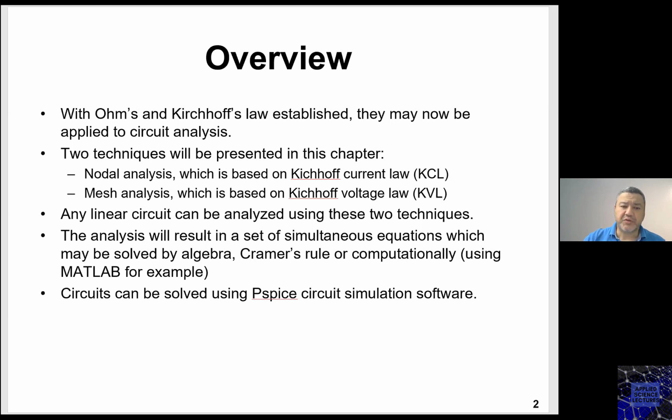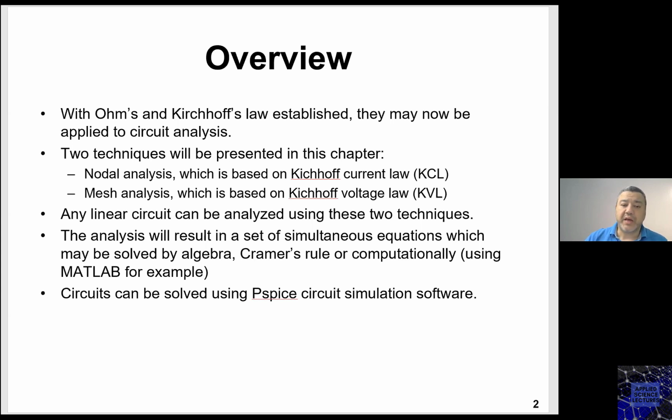And we have seen how to assign the loops based on the direction of the loop with the orientations of the voltage drops. And then we understood the relationship from Ohm's law between the current and the signs of the potentials for the resistors. We wrote KVL equations. We solved those equations for our unknowns.